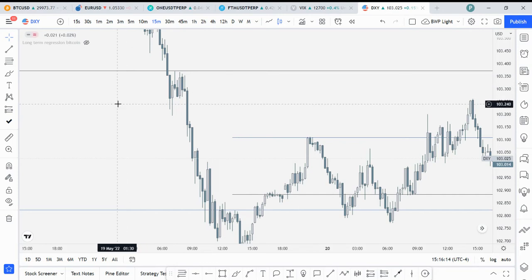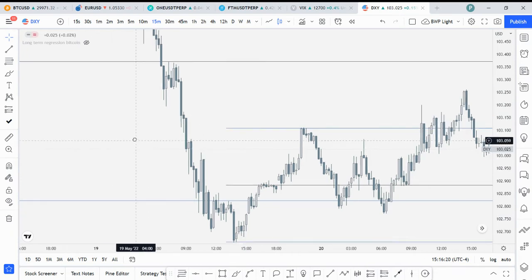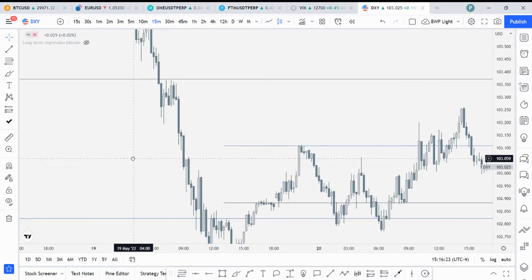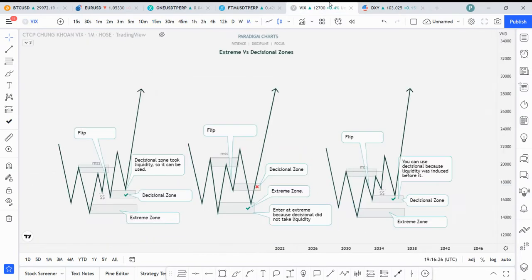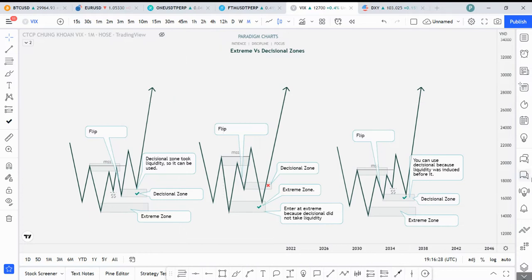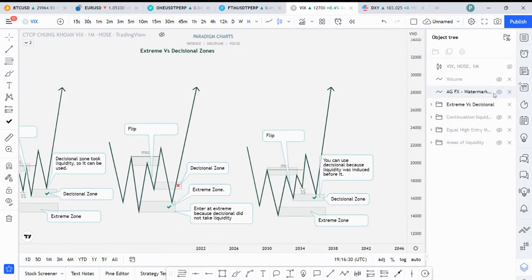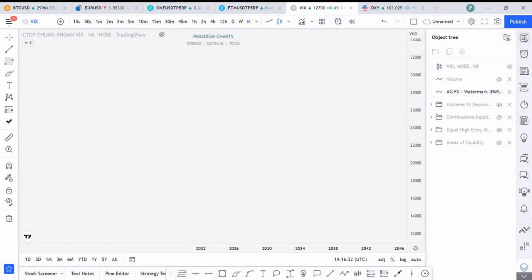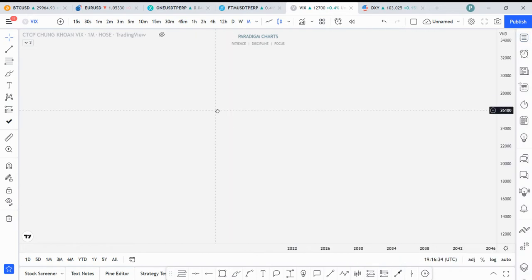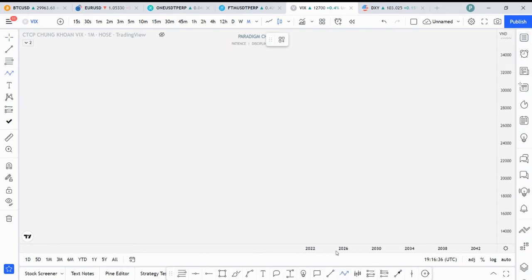Now, how do you map out your supply and demand zones? Before I explain how you map it out, let me first explain how they are formed. When price is in an uptrend or a downtrend, let me use a downtrend as an example.